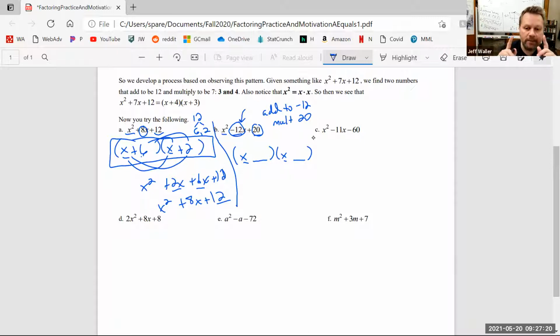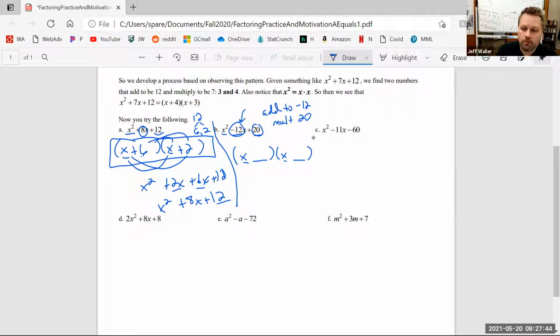Since they add to be negative 12, but since they multiply to be positive 20, can they be different signs? Yeah, negative 2 and negative 10. Let me ask the question again. You're answering a question I haven't asked yet. Since they multiply to be positive 20, can they be different signs?